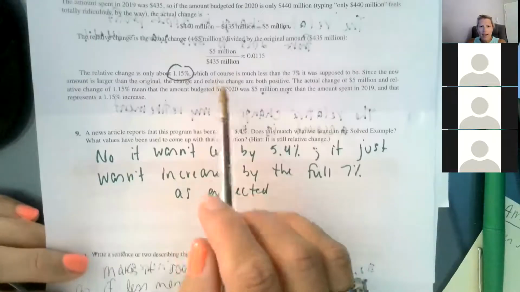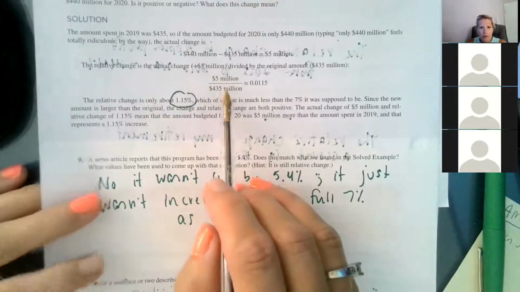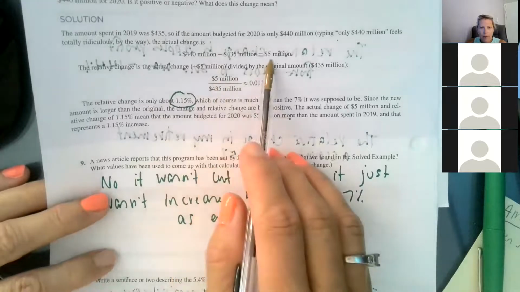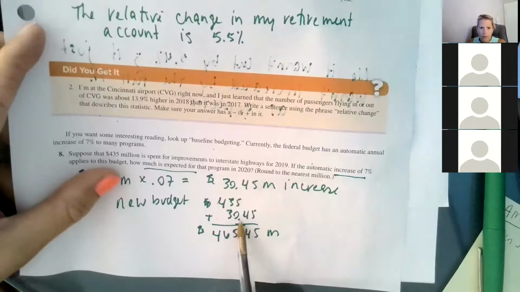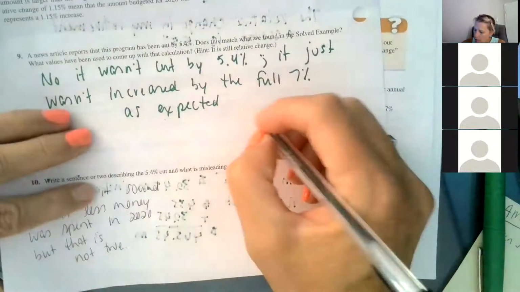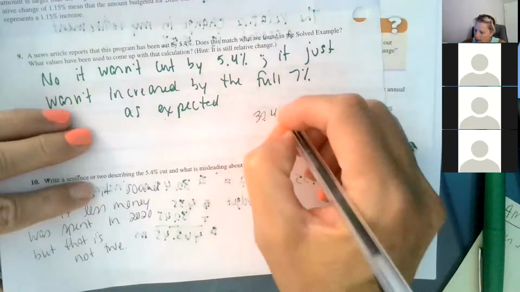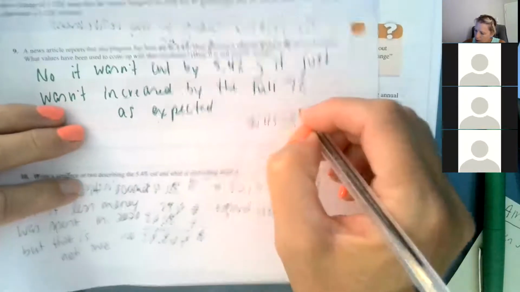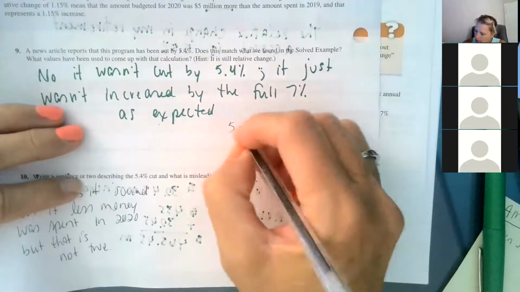The amount that it didn't go up though, so the difference between the 5 million that it increased and the 30.45 million that they said it was going to increase. Let's take the difference there. 30.45 minus 5. Actually, it should have been 5 minus.